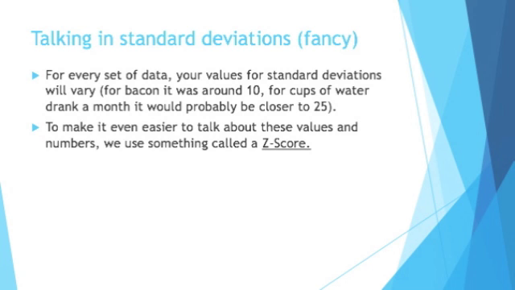You want to make it simple. Because everything relates back to normal distribution, people know that 68% of your values will be within one standard deviation of the mean. So we convert everything to just a very basic scale. We call one standard deviation a z-score of 1, plus or minus, depending on what direction you're going.